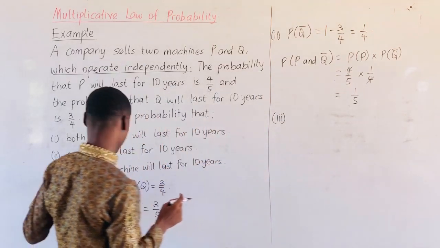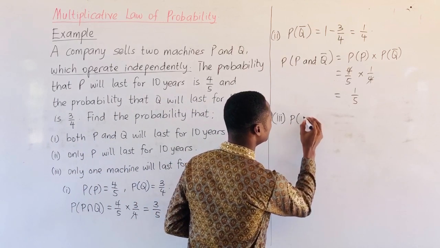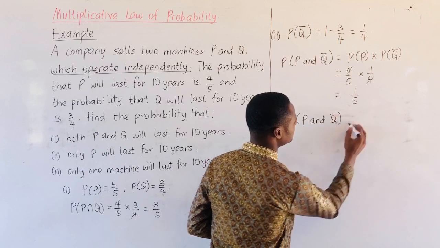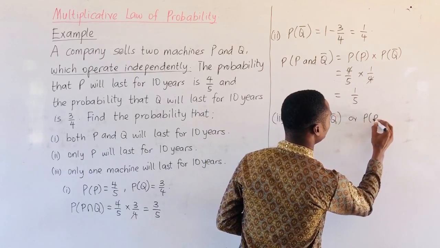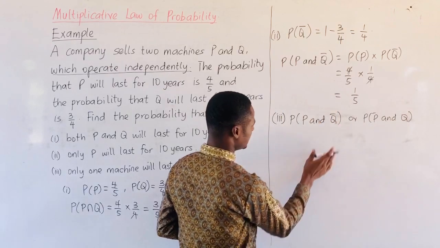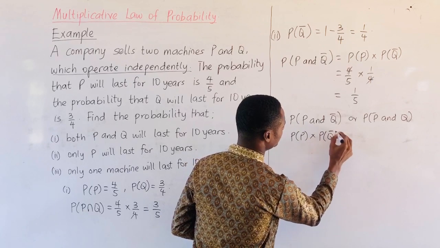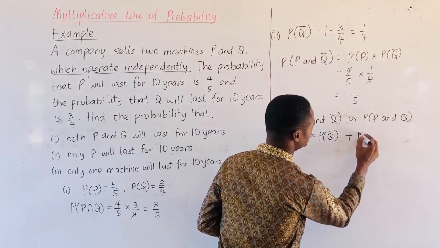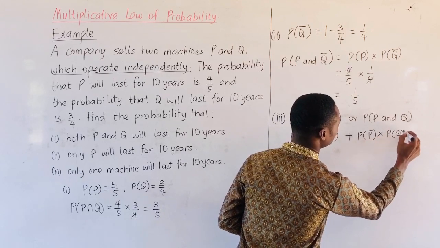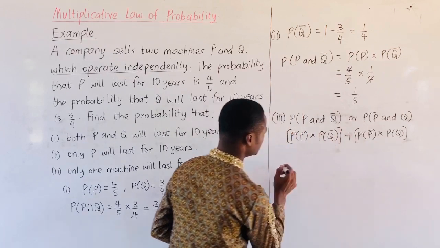Now the third question. The probability that only one machine will last for 10 years. So it is either P will last for 10 years and Q will not last for 10 years, or P will not last for 10 years and Q will last for 10 years. And this is probability of P times probability of Q complement plus the probability of P complement times the probability of Q. Or is plus in probability.